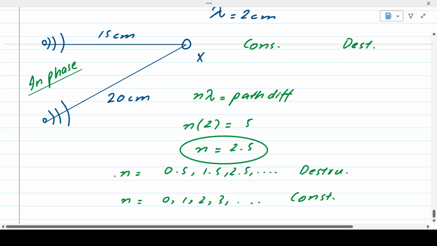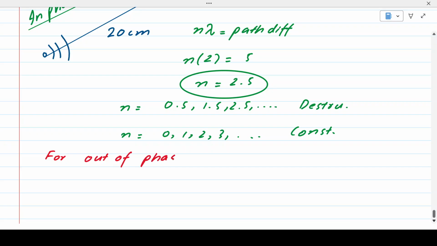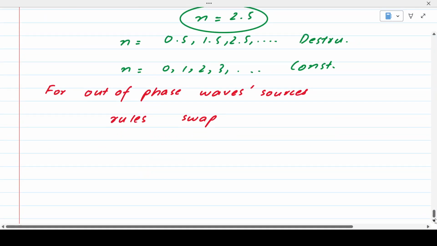These two rules will be swapped if the two sources were initially out of phase. Rules swap means if the value of n is 0.5, 1.5, constructive, otherwise destructive.